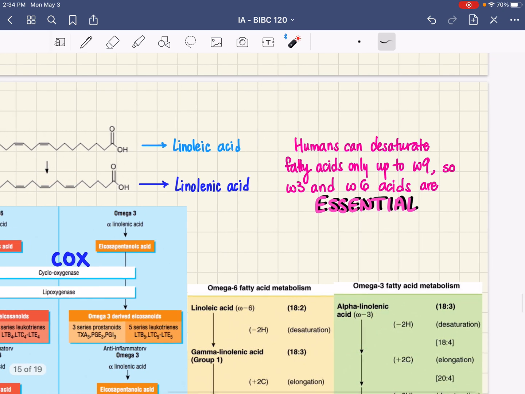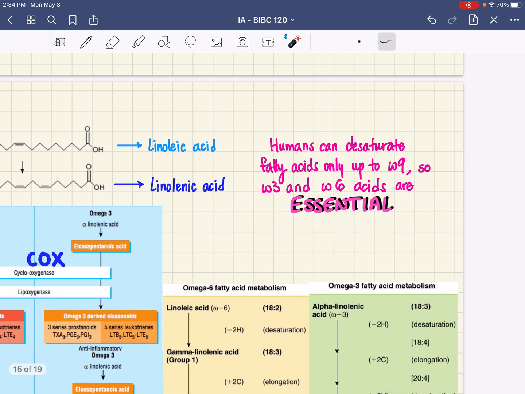Now, the human cannot desaturate fatty acids beyond a point. The human can desaturate fatty acids only up to omega-9 carbons. So omega-3 or omega-6 fatty acids aren't able to be made in our organism. That is why they are essential, meaning that we need to consume them in food sources.